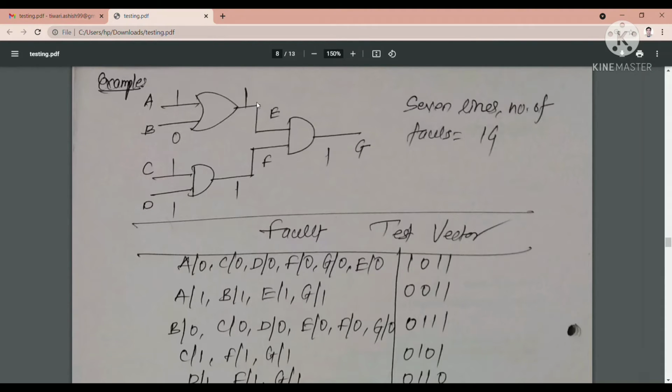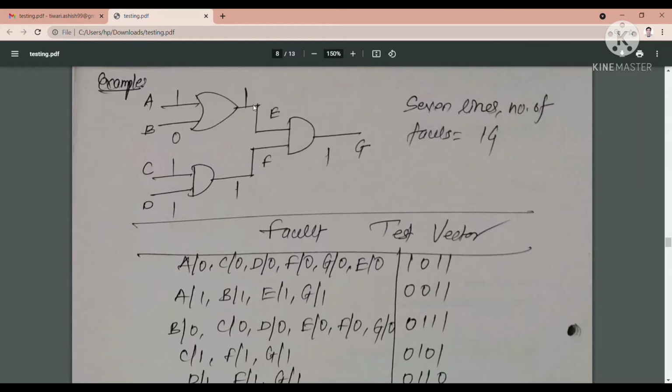If A is stuck at 0, 0, 0 will give you 0. Is it not? And what we are applying in the test vector is 1. So you can understand that the original logic is not matching with the faulty logic. Here the output is 1, and if the fault is there as stuck at 0, then you will get the output as 0. So the original output is 1 and the faulty output is 0. So again, the test vector response ZT is in XOR condition with the faulty response ZF of T. If there is any difference between the original output and the faulty output, the fault will be detected.